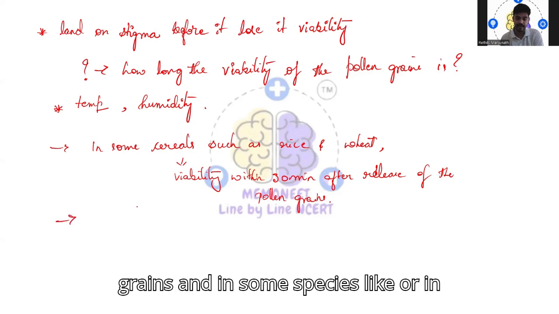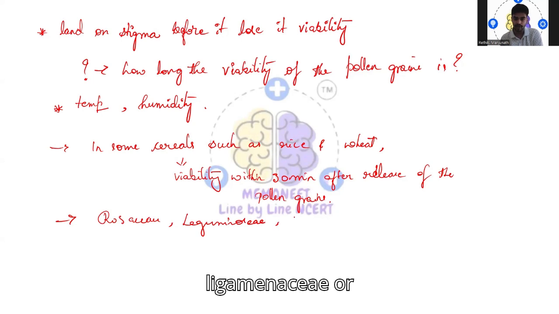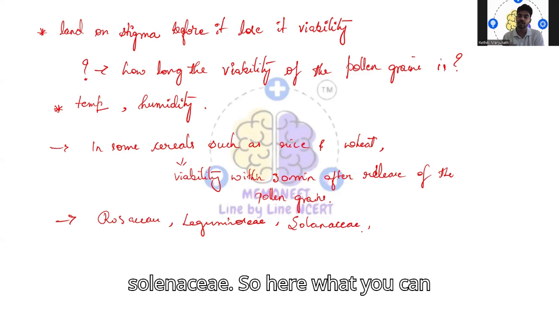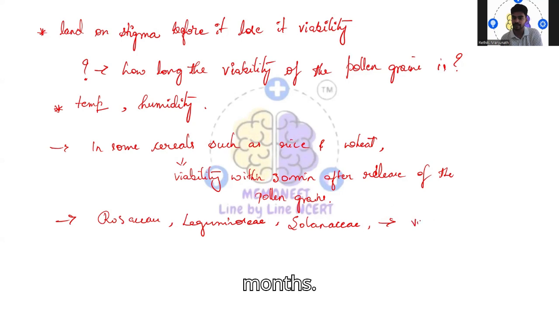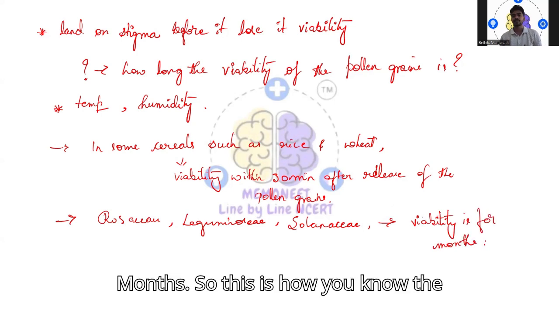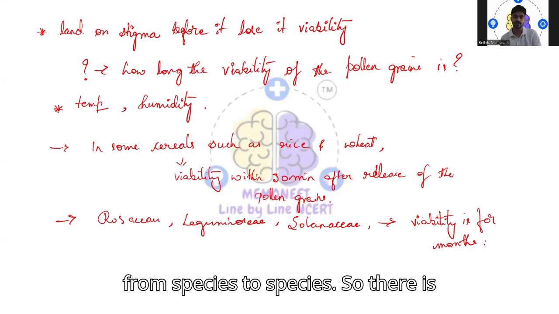In some members like Rosaceae, Leguminosae or Solanaceae, the viability is for months. So this is how the viability of pollen grains differs from species to species.